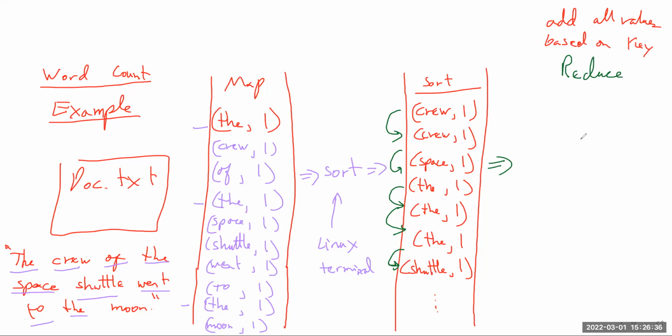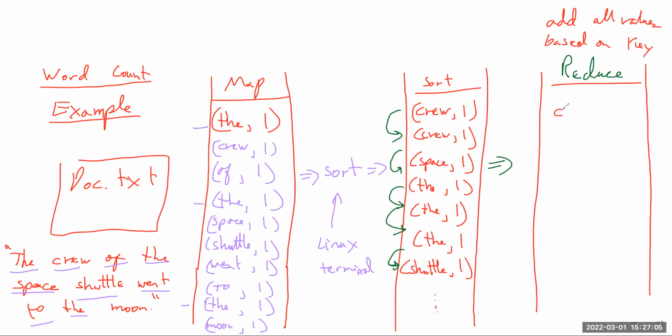Other problems might require other operations instead of adding, but the things that should be consistent are the mapping function, some kind of mapping needs to occur, some kind of sorting needs to occur, and then the reduce part. Okay, where we're going to arrive at final values. So crew now is going to be 2.